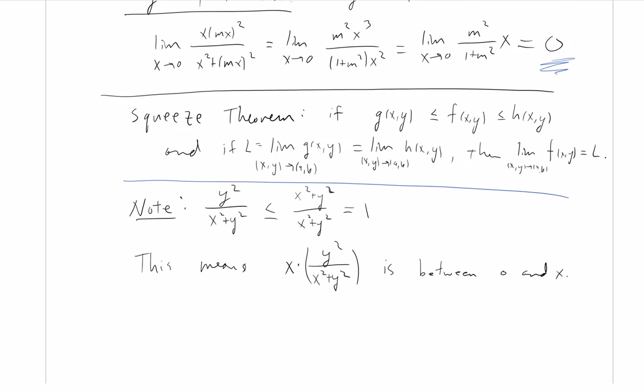We could take g to be 0 and h to be x. If x were negative, you would have to go the other way, because 0 would be bigger than x. So we would have to use g is x and h is 0. But x is a variable, so we don't know what it is. It could be either. But there's a clever way to get around that.